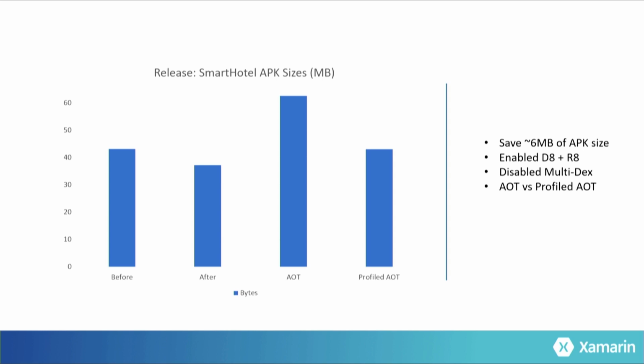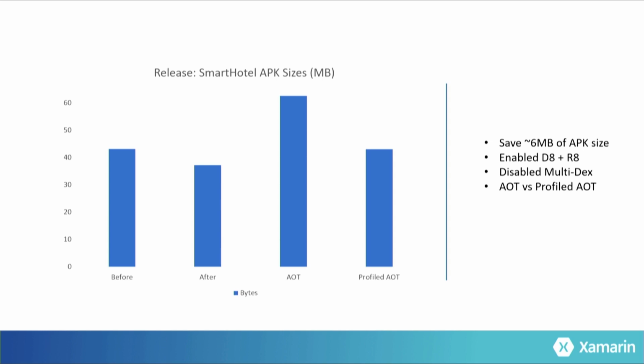However, when you enable AOT, you can see what happened to the app, right? It went over 60 megs, right? So that's a trade-off you need to decide for yourself. Is app startup really important to me, or is APK size important to me? And that's where we got the new profiled AOT option that James talked about earlier today, that is kind of the best of both worlds.